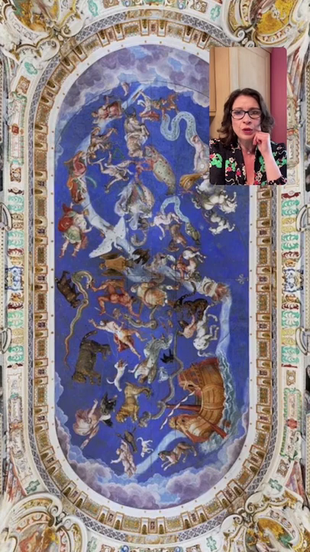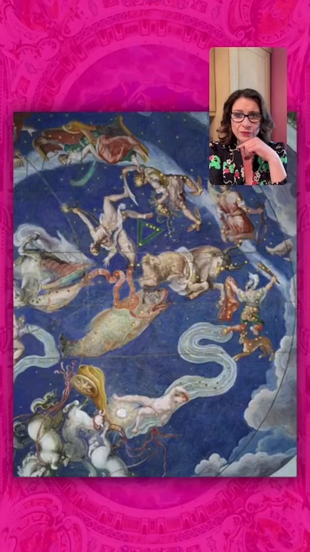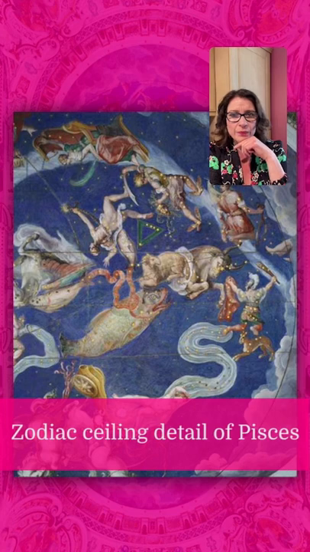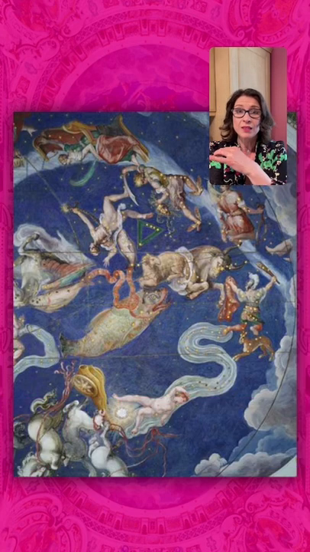So if you go to the left of me, you can see one sort of big fish pretty much in the middle of the fresco, just to the left of me, and then it's joined, quite hard to see, to a little fish. Let's bring it up more closely here. So you've got the big fish. How can I explain? So below me, I hope you're seeing the same thing that I'm seeing.